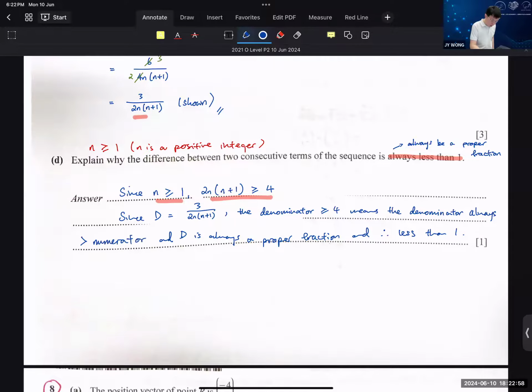That means mathematically that your d will always be a proper fraction, and since it is always a proper fraction, it must be less than 1, because all proper fractions are obviously less than 1. I hope you all get the logic here.